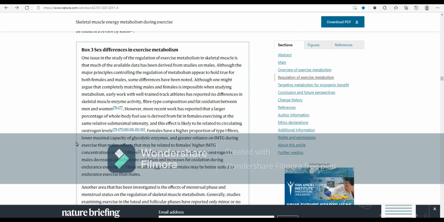That effect may be related to females' higher concentration of IMTG in type 1 fibers. In addition, supplementation with estrogen in males decreases carbohydrate oxidation and increases fat oxidation during exercise. So these results suggest that females may be better suited to endurance exercise than males.